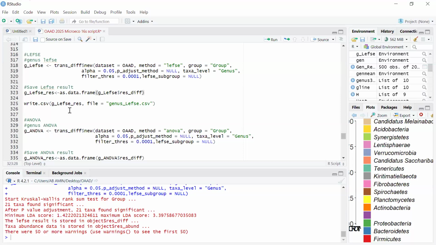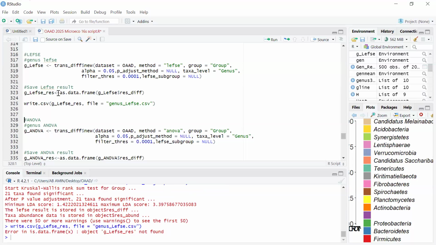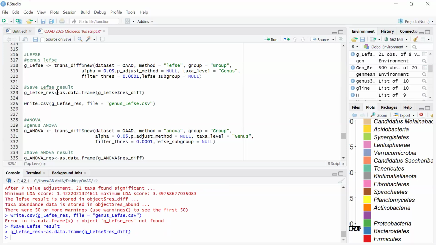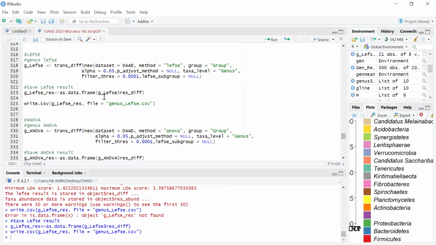Or you can decide to save this. If I save this, I need to coerce to a data frame, then save. Then if I save this and check, I will see the taxa.